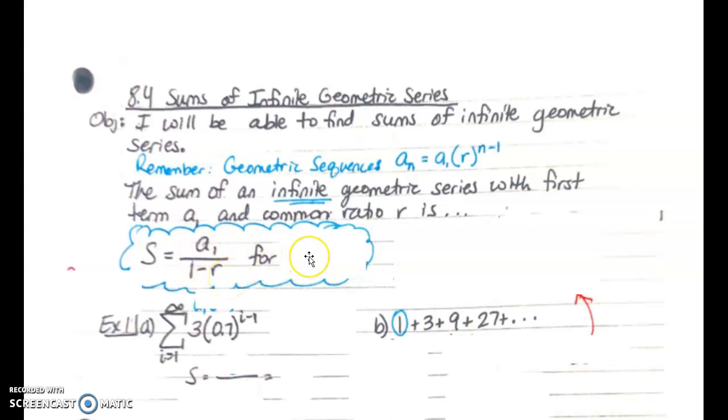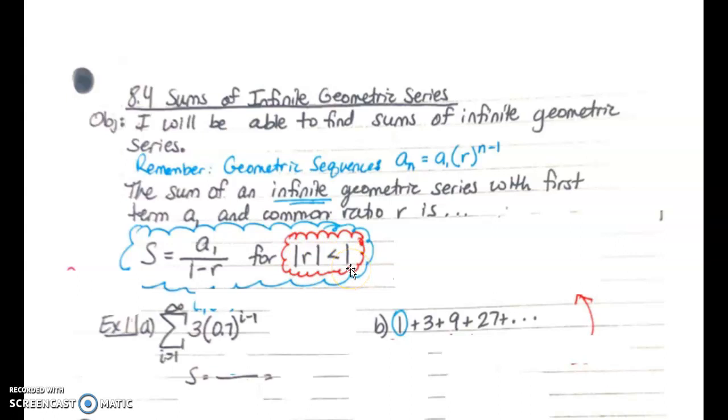But here's the catch that I was talking about earlier. The catch is that this only works if the absolute value of your r, your common ratio, is a number that is less than 1. So the absolute value of r needs to be less than 1.